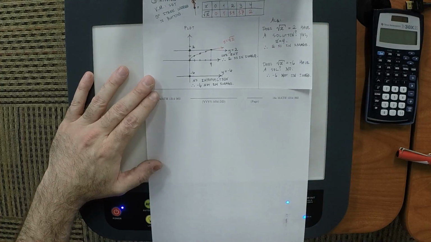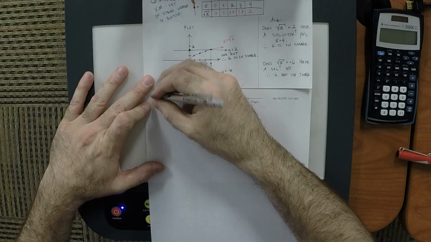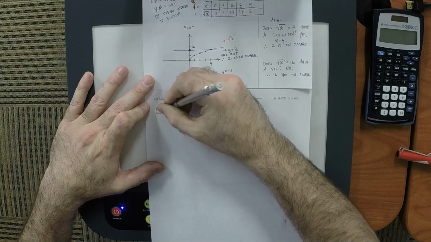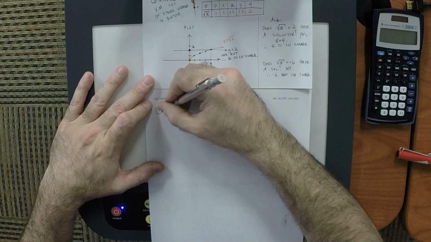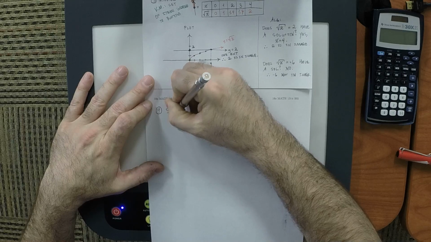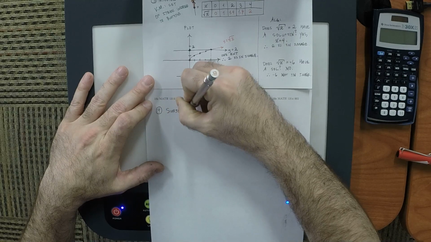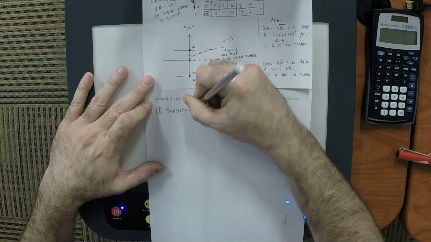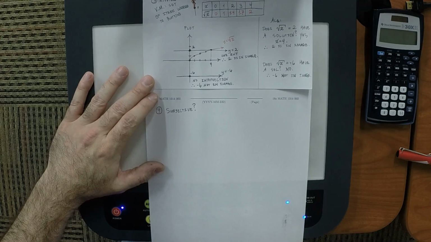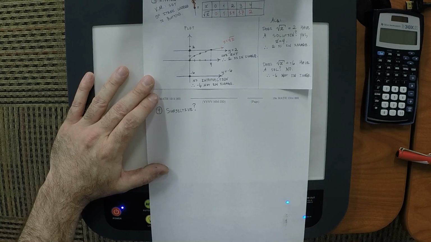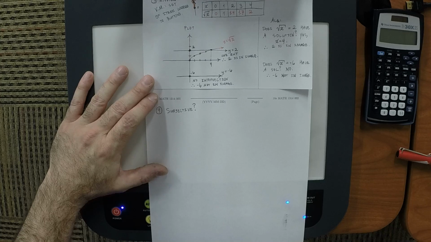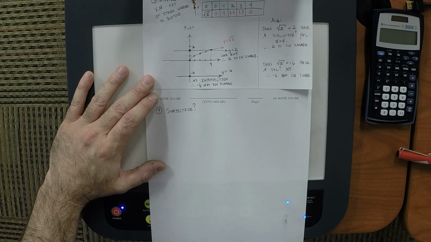The answer is that the image is y greater or equal to 0. Now we can ask a question, is it surjective? To use the vending machine analogy again, the question of surjective is, is it the case that every item on display can be achieved?